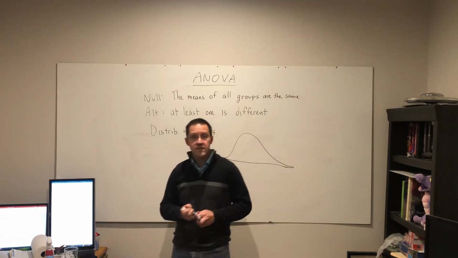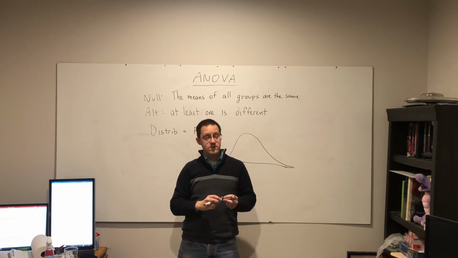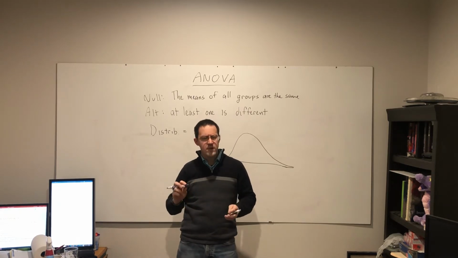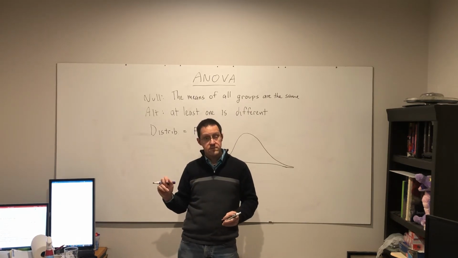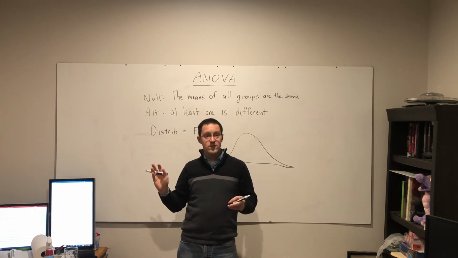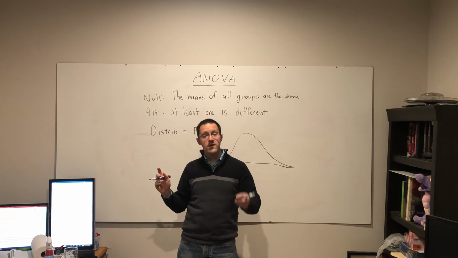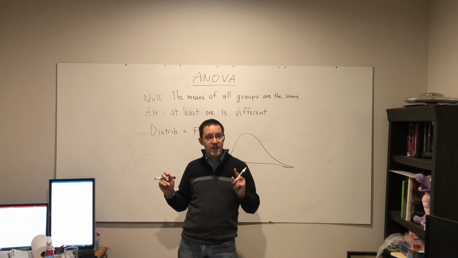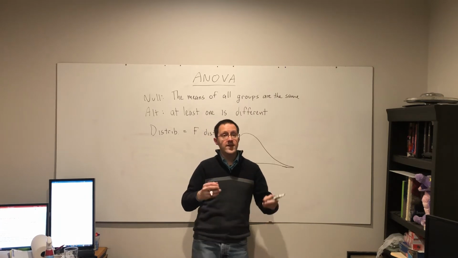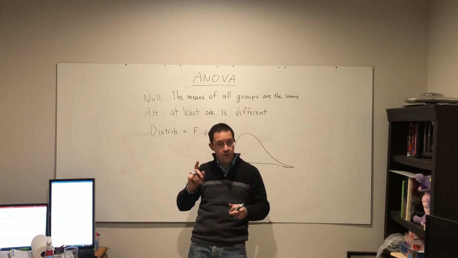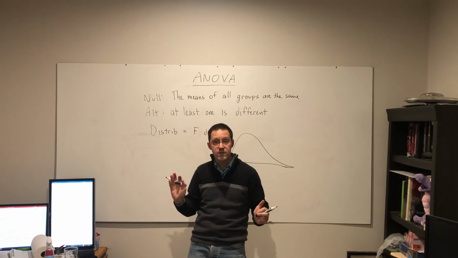And it so happens, the F distribution is typically skewed. Really, Excel is going to handle the math for us. We don't need to worry about that. The main thing here, because it is a skewed distribution, is that the question from the t-test of one tail versus two tail no longer applies.